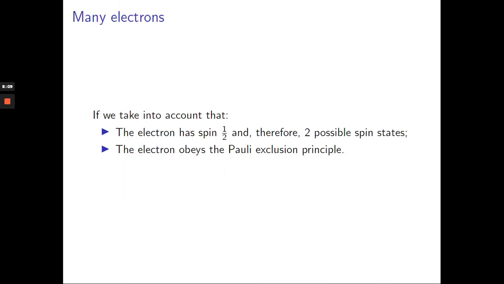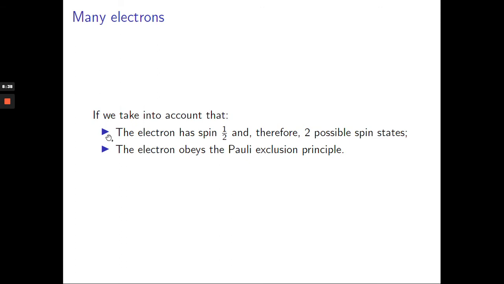So we are actually interested in the case where we have many electrons in our system. To do that, we first have to remember that the electron has spin 1/2, and therefore for each electron we have two internal states, so two spin states.